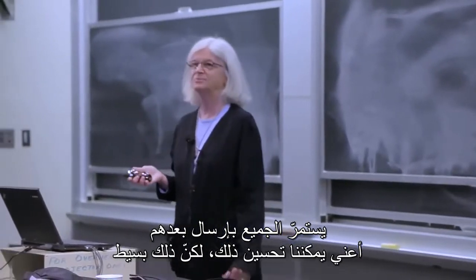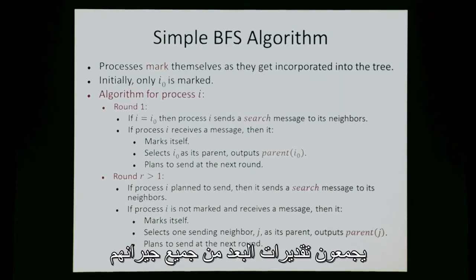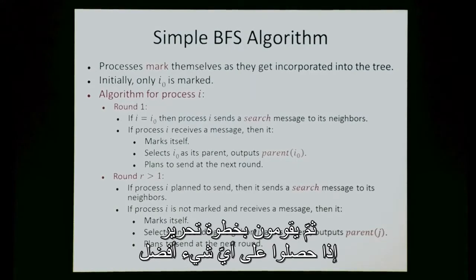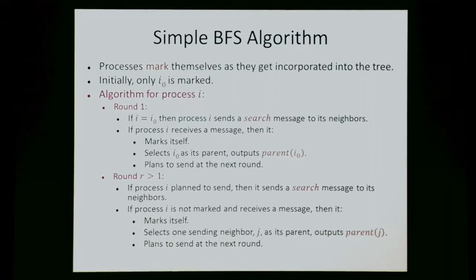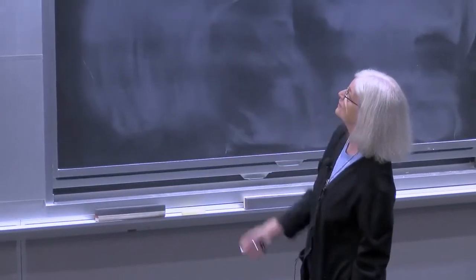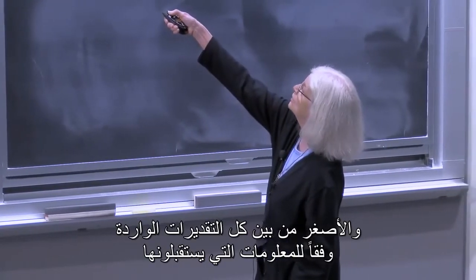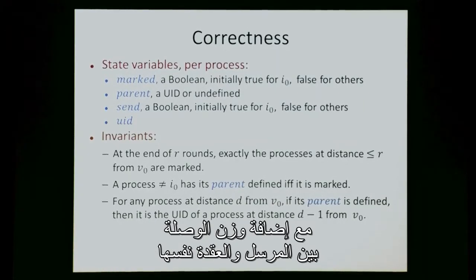I mean, we could optimize that, but this is simple. At every round, everybody sends their current distance estimate to all their neighbors. They collect the distance estimates from all their neighbors, and then they do a relaxation step. If they get anything that's better than what they had before, they look at the best new estimate they could get. So they take the minimum of their old estimate and the minimum of all of the estimates they would get by looking at the incoming information plus adding the weight of the edge between the sender and the node itself.